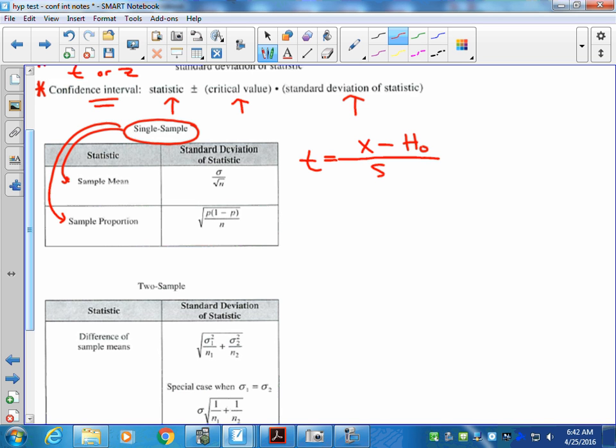And then you would plug in your S of x over square root of n. And now you've built t. If it's a proportional problem, z equals p hat minus your HO value, and then we would plug in p from the HO into this formula to finish your z value.